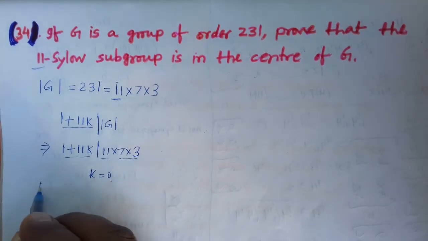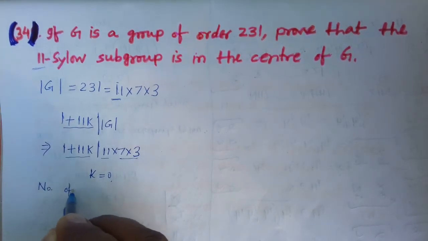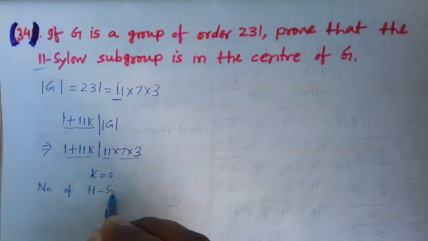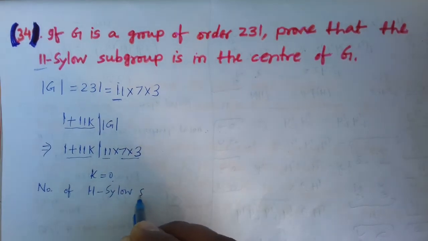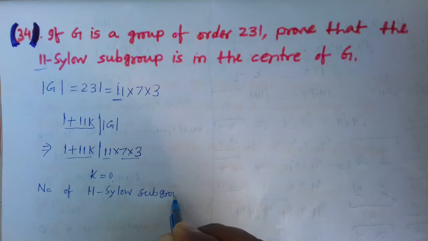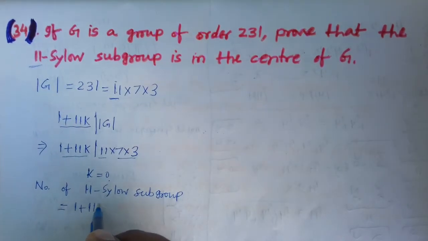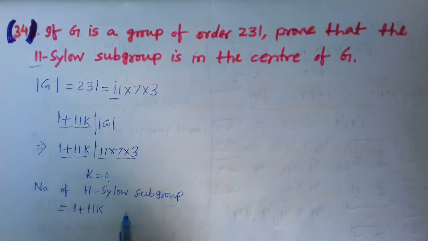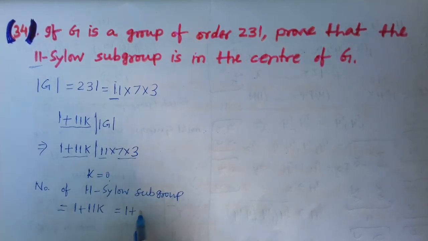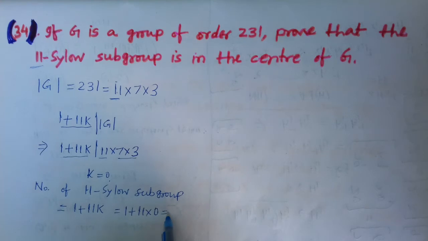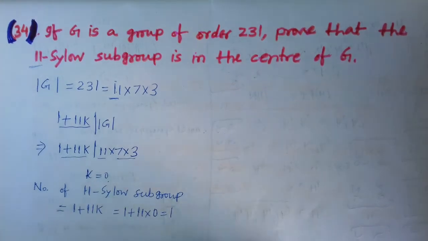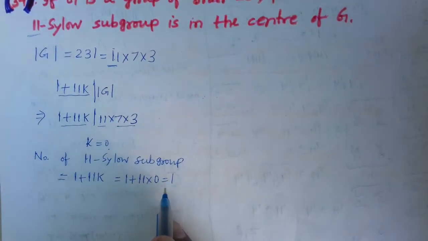So the number of 11-Sylow subgroups will be 1 plus 11k, and here we have found k equals to 0. So the 11-Sylow subgroup is only 1.